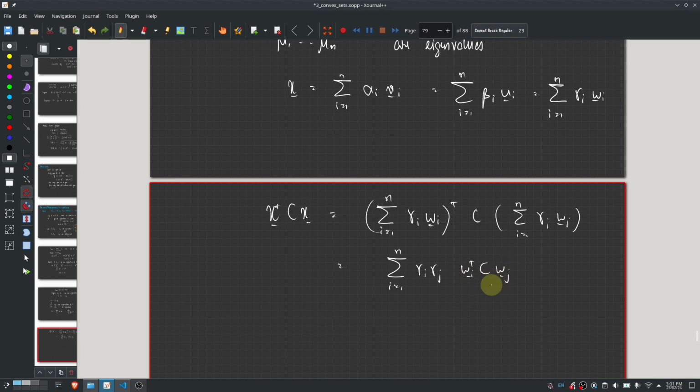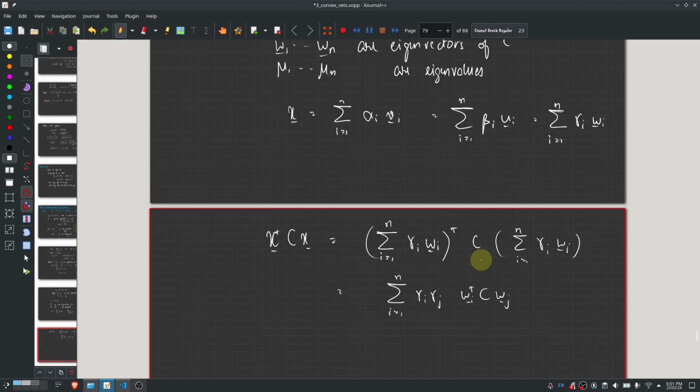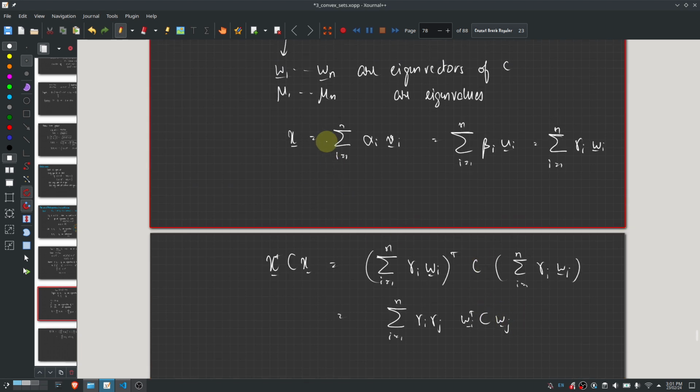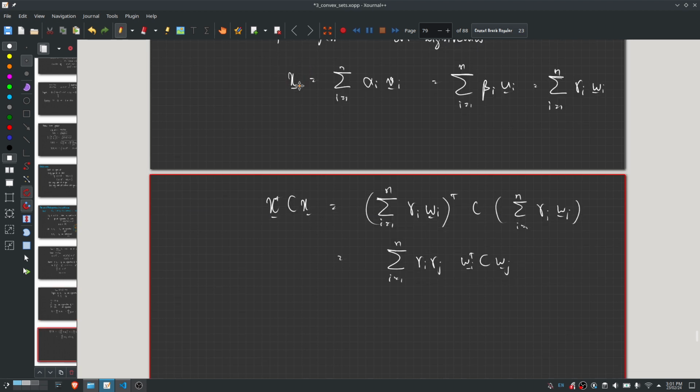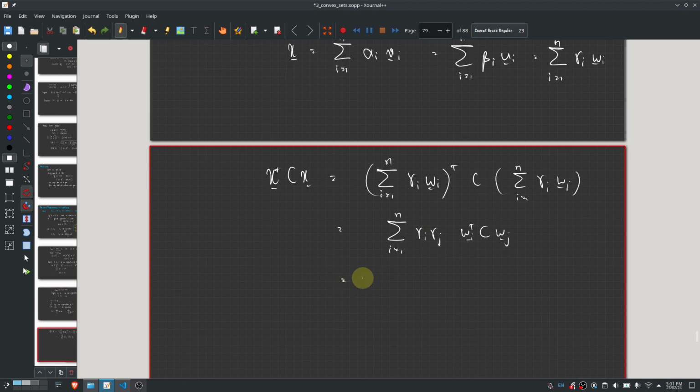But what is C times wj? Correct. So it is mu j times wj. So this is nothing but summation gamma I gamma j mu j wi transpose wj. What is wi transpose wj?